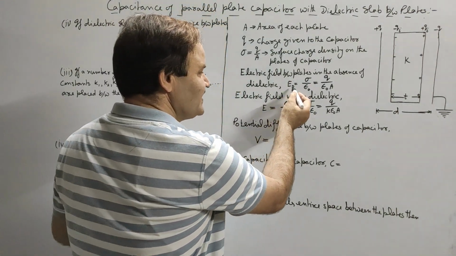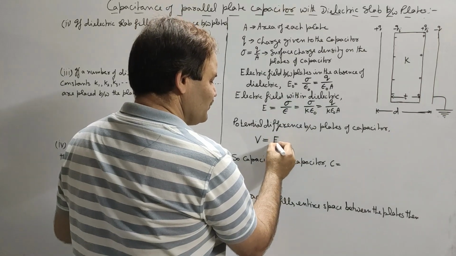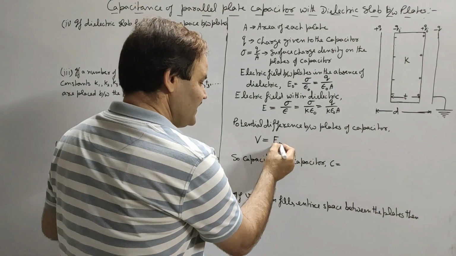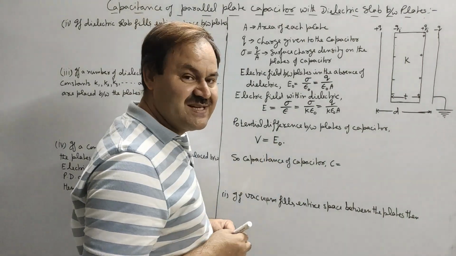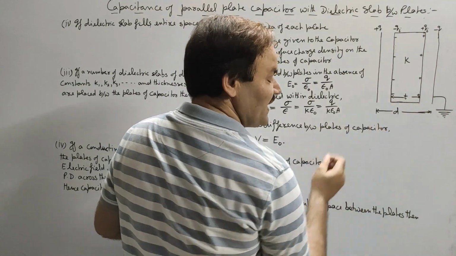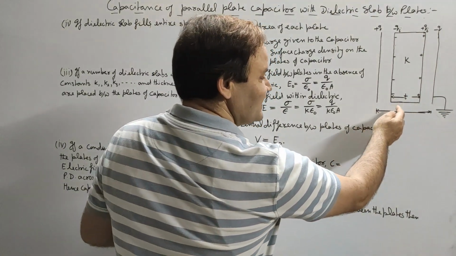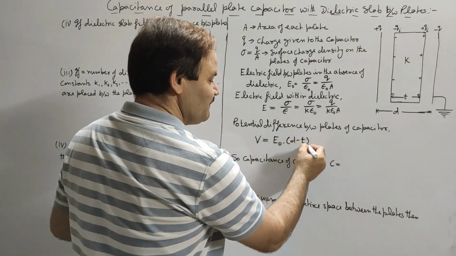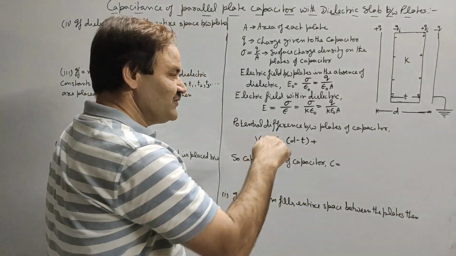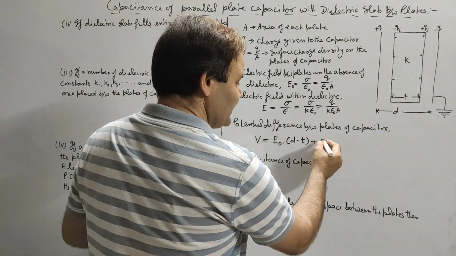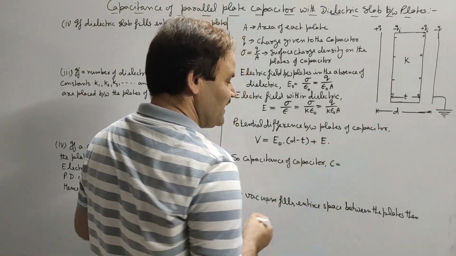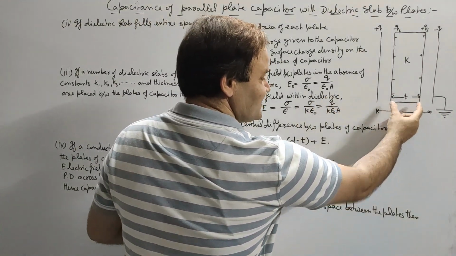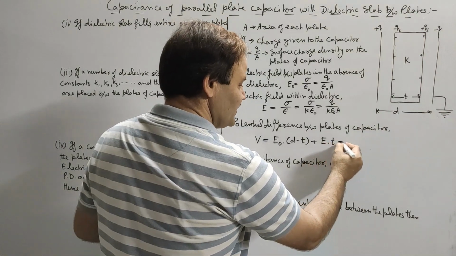The potential difference in the region containing vacuum will be E naught into the distance occupied by vacuum, that is d minus t, plus the electric field within the dielectric, E, multiplied by the distance occupied by the dielectric, that is t, so E into t.